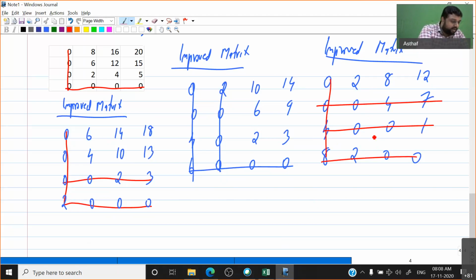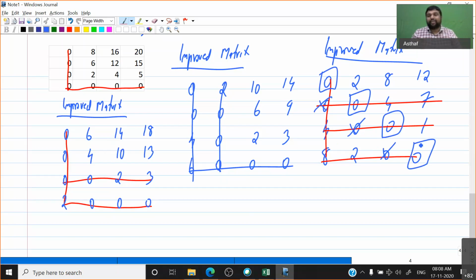See, however we take it, we will have the allocation. I have drawn it again for your benefit. Okay. Copy first.